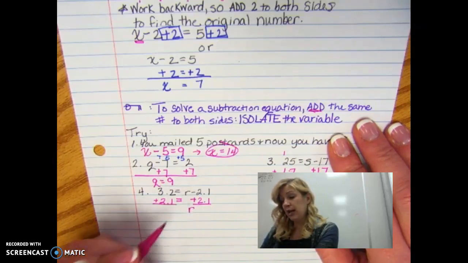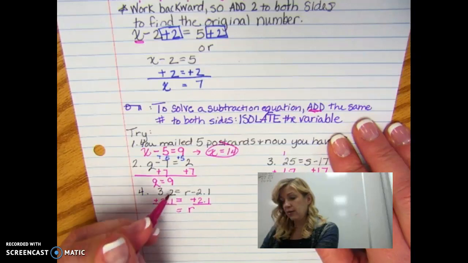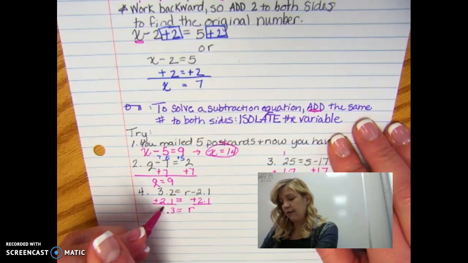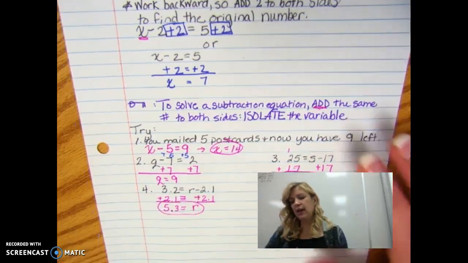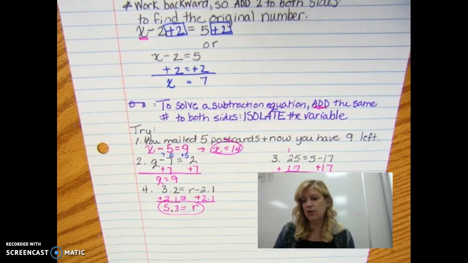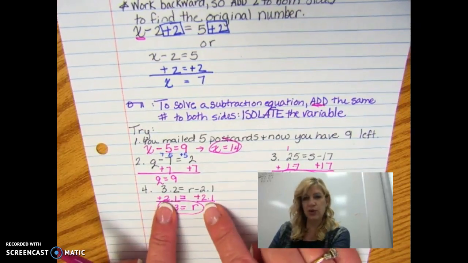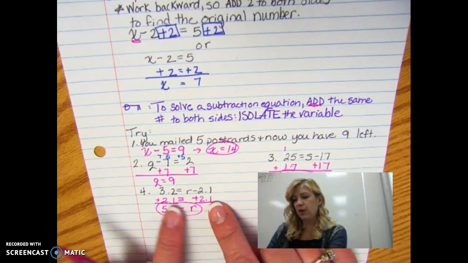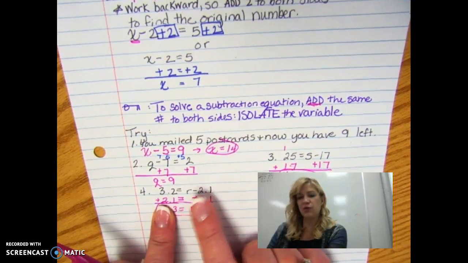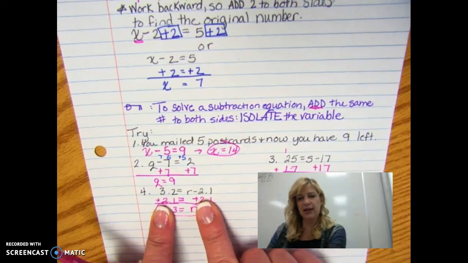So we get r by itself here, and we get the decimal point right here, 5.3 equals r. Even if you can do this in your head, we want to see that you understand what you're doing to both sides, because mathematically you can't add a 2.1 to this side without doing the same thing to this side.